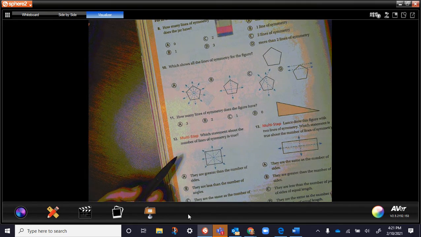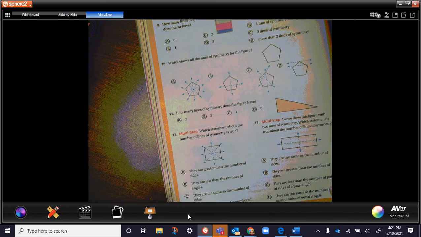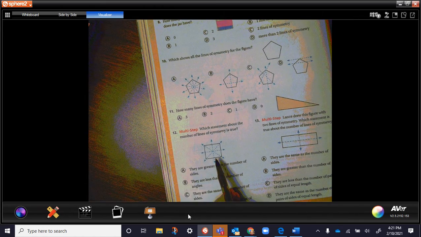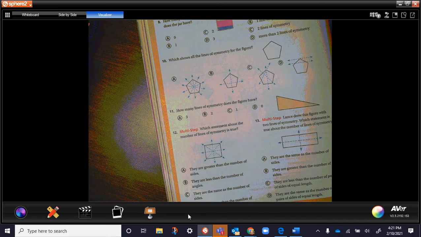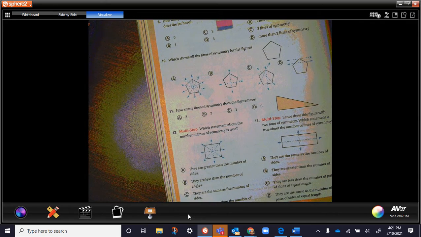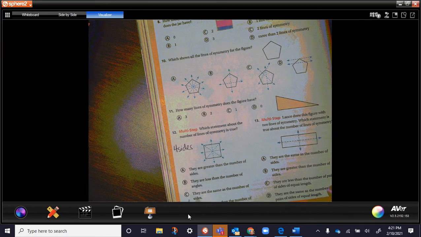And then number 12, this is a multi-step problem. So it says, which statement about the number of lines of symmetry is true? So here, think about what you see. So you have your figure, and it's showing you all the lines of symmetry. And the things that you need to know about are the number of sides. So this is a 4-sided figure. And you need to know about the number of angles.